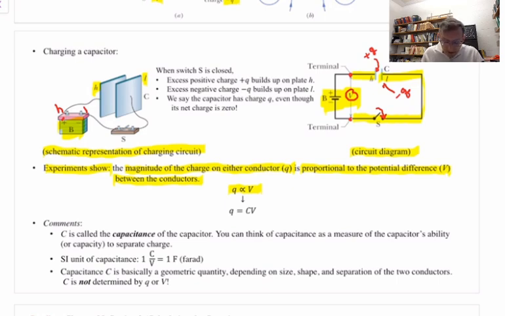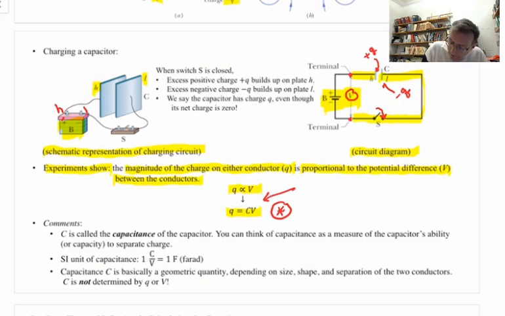So all you have to do is introduce a proportionality constant, and that's the symbol capital C. And then you've got a nice little simple formula between the magnitude of the charge on either conductor, the potential difference across the conductor that you could measure with a voltmeter, and this proportionality constant denoted by capital C. I should mention, by the way, that the convention in this chapter is to use the symbol V, italic V, for the potential difference across the two plates of the capacitor.